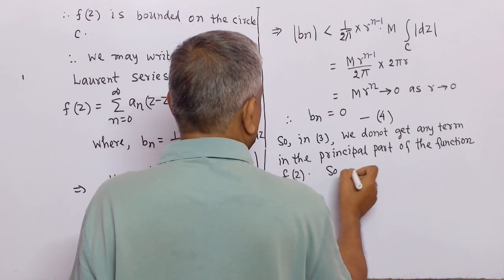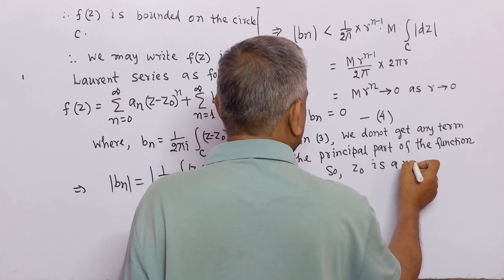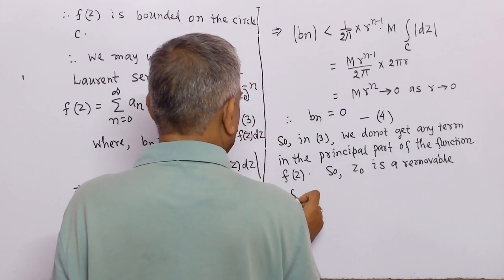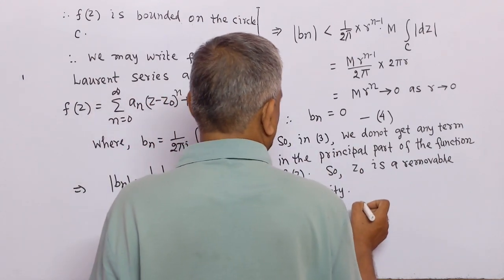So, z naught is a removable singularity. Proved.